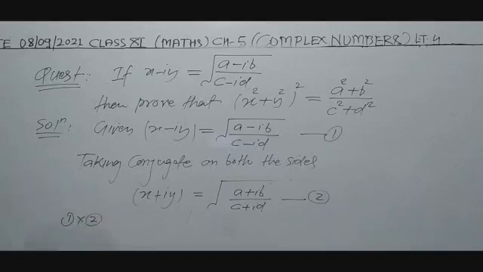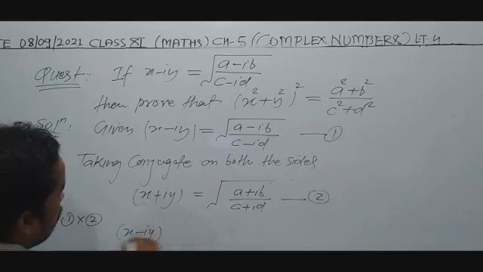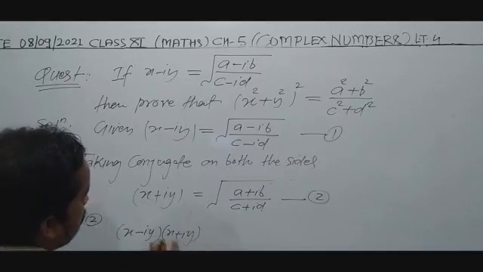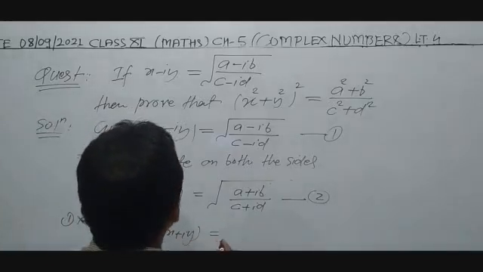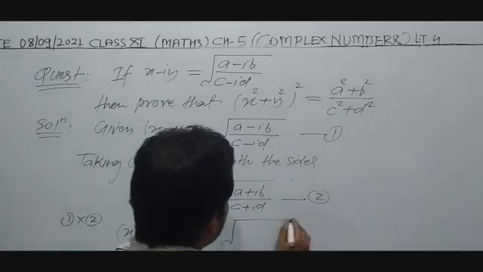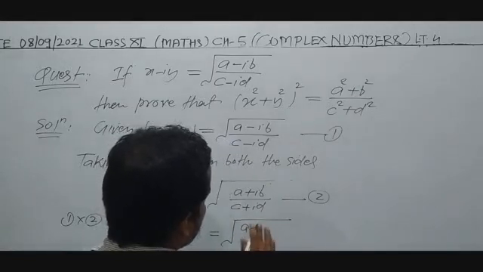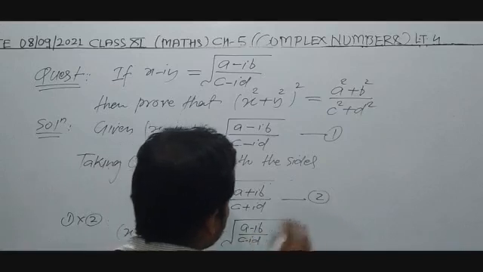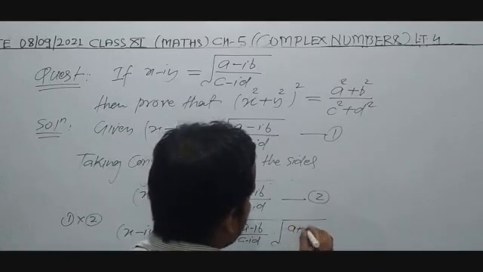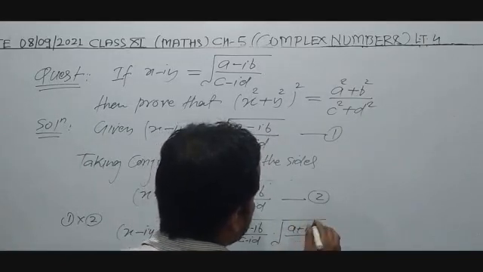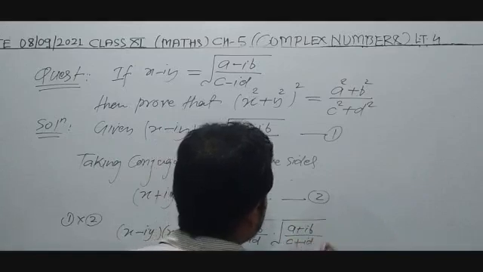Equation 1 multiplied by equation 2: (x minus iy)(x plus iy) is equal to root over (a minus ib) upon (c minus id), into root over (a plus ib) upon (c plus id).